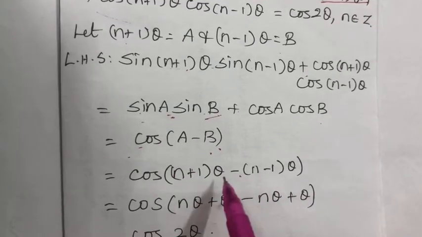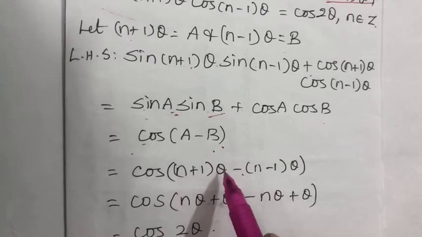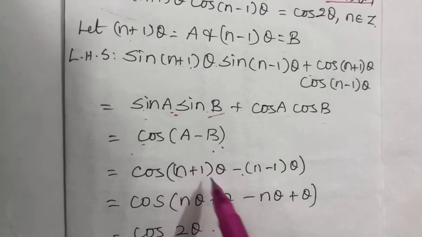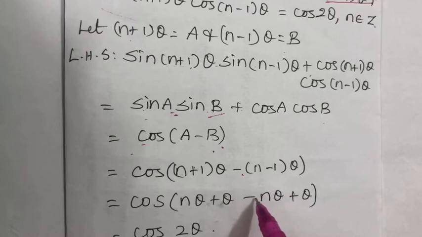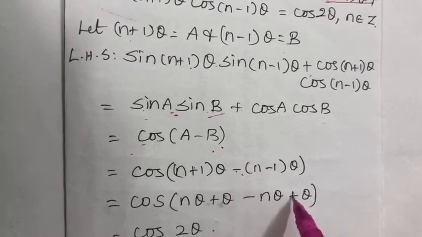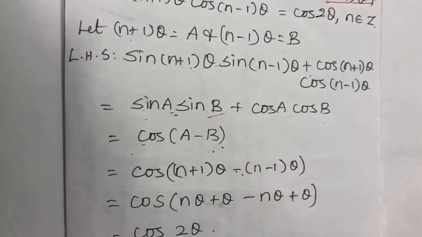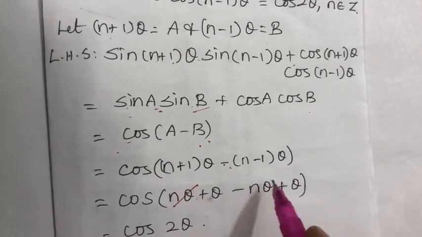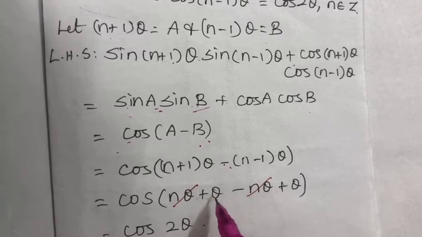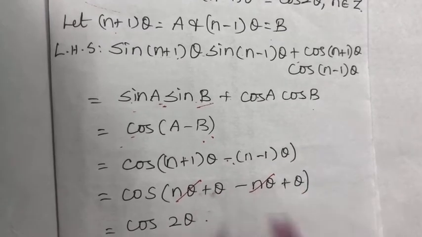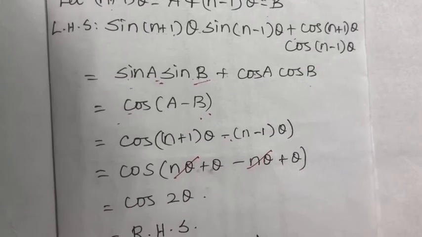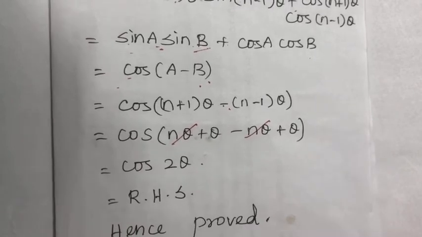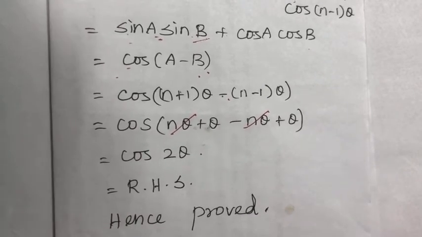So n theta plus theta, similarly here minus n theta, minus of minus is plus, 1 into theta is theta. So n theta minus n theta cancels, and adding theta and theta we get 2 theta. So it is cos 2 theta, and that is our right hand side. Hence we have proved our result.